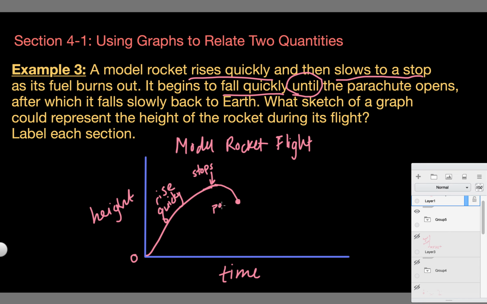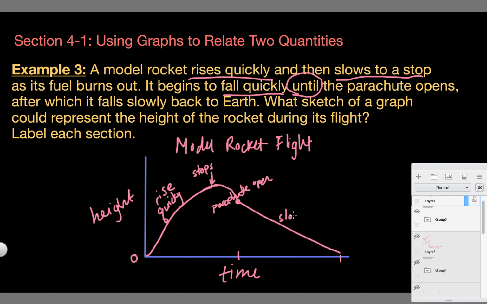Parachute open. Okay? And then it says it falls back to Earth, but way slower. So we were at a drastic decline here. You were about to be on the ground. But now we're going to slowly fall back to Earth. And it's going to take a lot of time, so from here to here, to fall back to Earth.